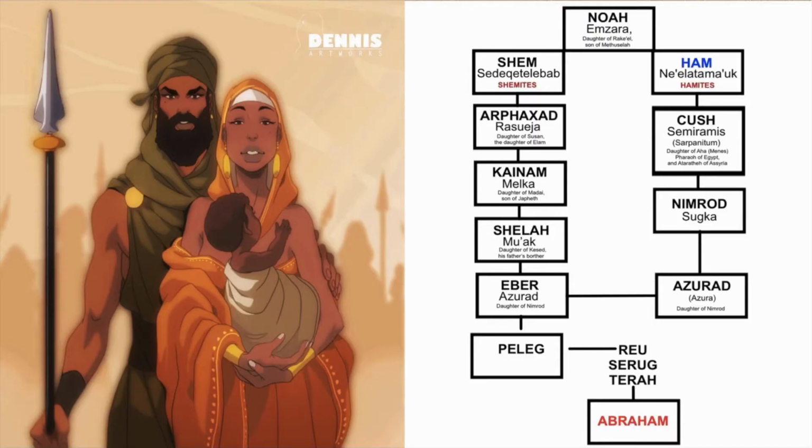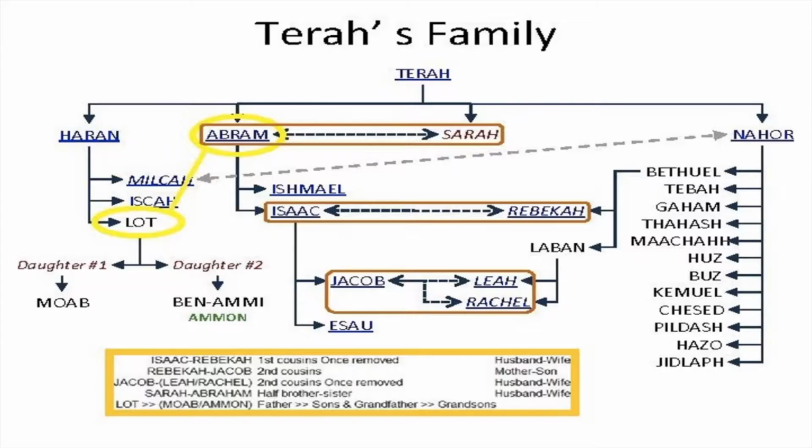So remember, Eber and Azurad got together. If Isaac and Jacob's wives also descend from Azurad, then they could likely have been the exact same haplogroup as the Cushite lineage of Azurad.